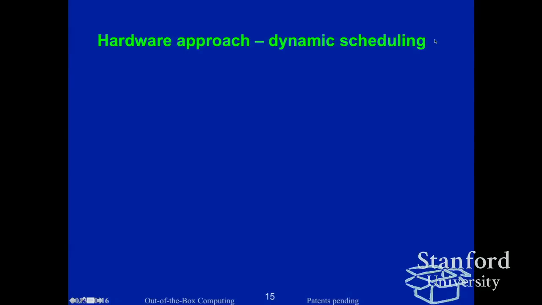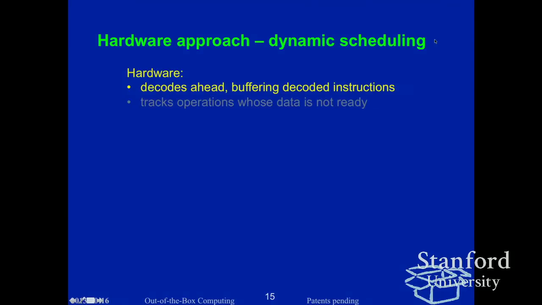The hardware approach with dynamic scheduling: the hardware decodes ahead. It's looking at the instructions quite a long way before it actually executes them, and it buffers the instructions that it decodes internally. That buffer is called the instruction window, if you hear me talking about windows later. It tracks all of the operations whose data is not yet ready.